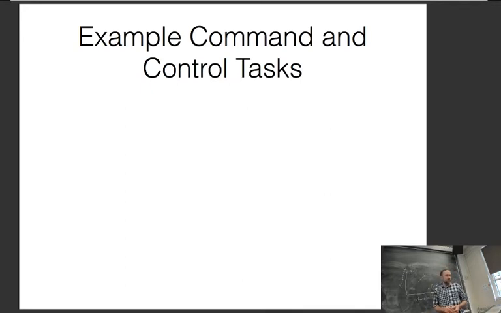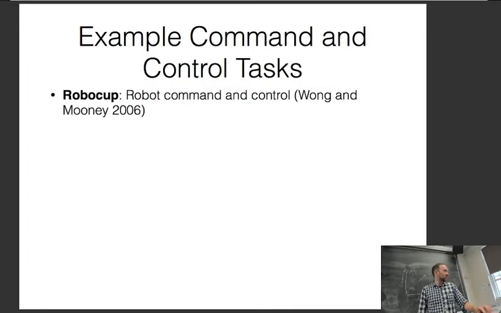There's also a lot of command and control tasks that you can do. One old school one, also done by Ray Mooney, is RoboCup. This is one where you give natural language instructions to your robot soccer player, like go defend our right wing, or go take the ball from player number 3.